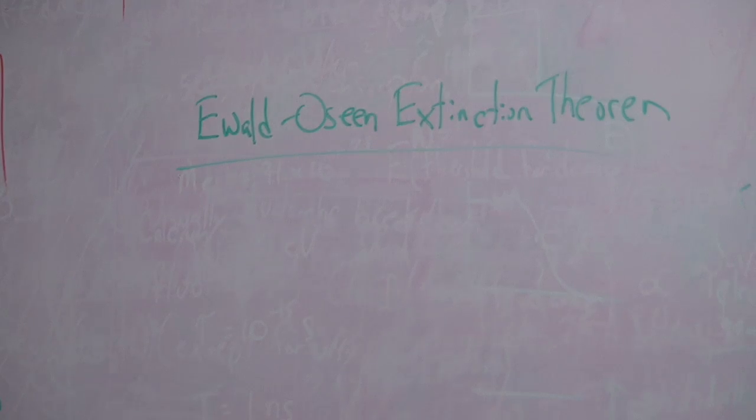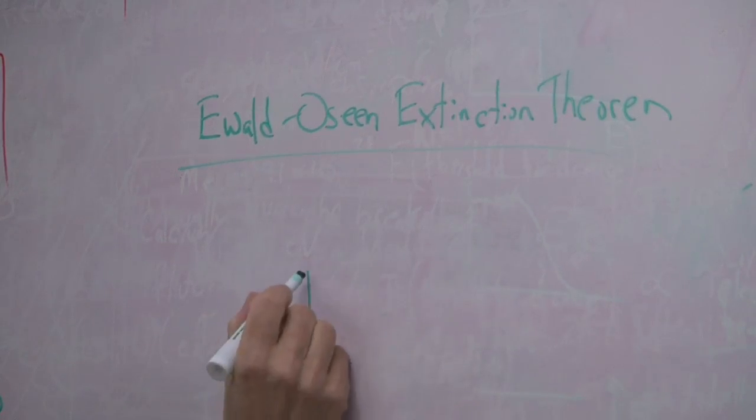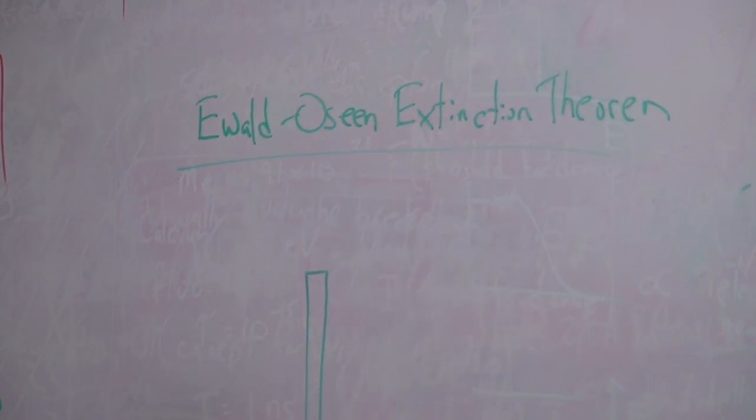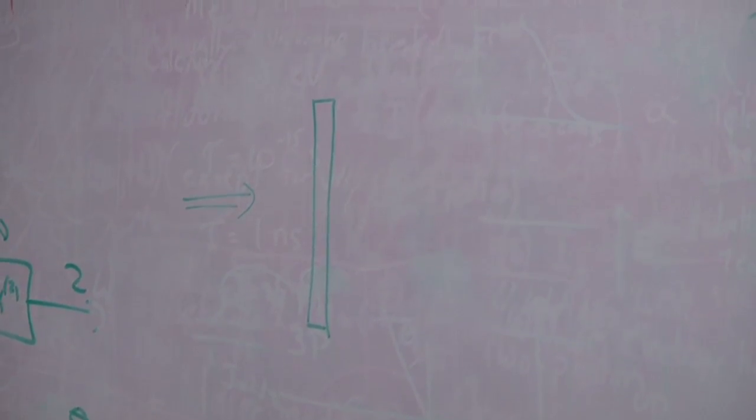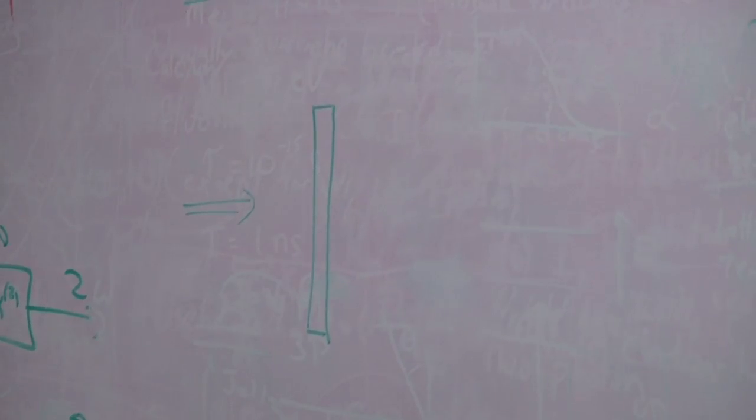It's actually even more interesting in terms of absorption. So where does absorption come from? Here you have, let's say, a thin slab of material, thin enough that you don't have a lot of absorption or anything.